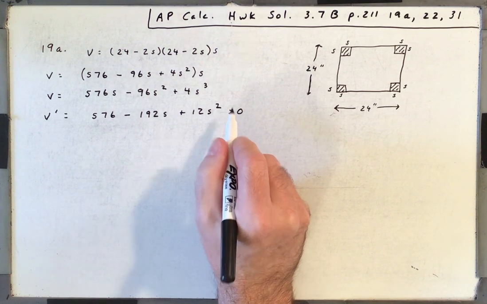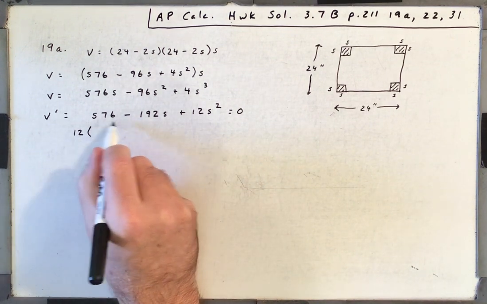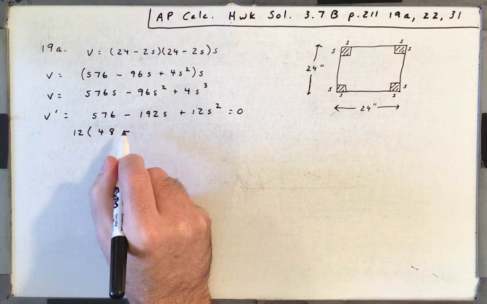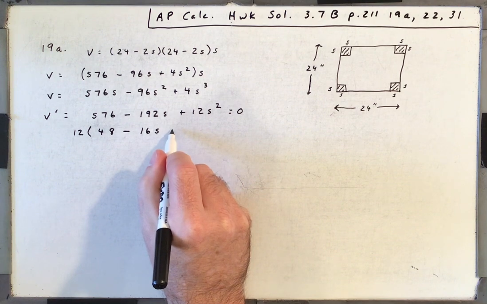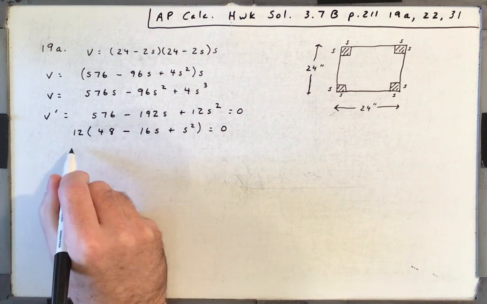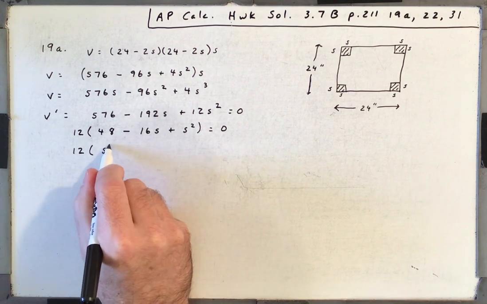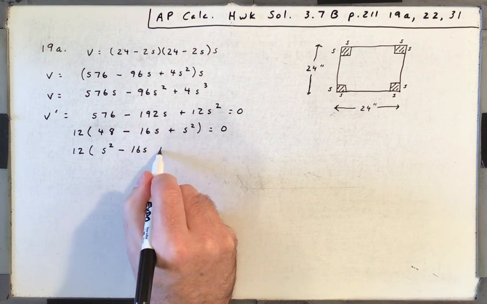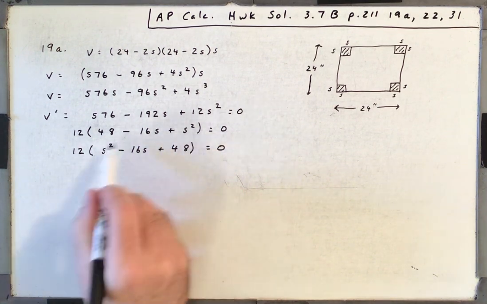I'm going to factor a 12 out of each of these. 12 out of 576 would be 48, and then minus 16s, plus s squared equals 0. It's easier for me to think about if I put the squared term first. So s squared minus 16s plus 48 equals 0. That's just me flipping this around.